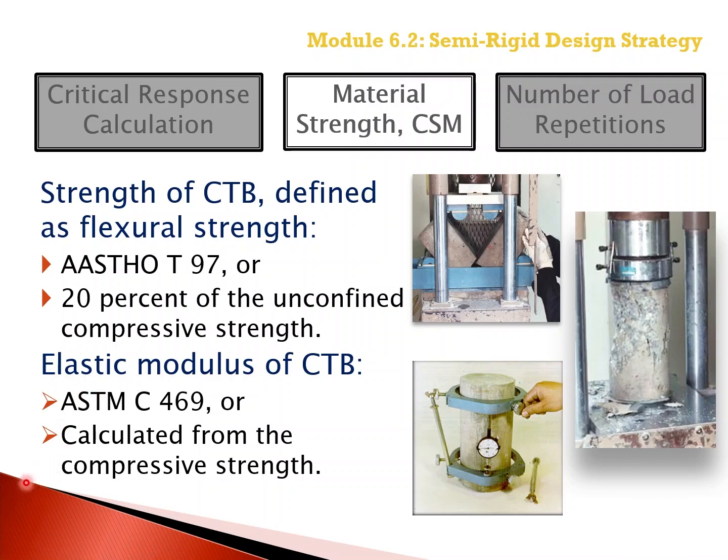So doing a simple compressive strength test is typically used, and then that compressive strength is used to estimate the flexural strength and the elastic modulus of that stabilized layer, which can be used as inputs to the Pavement ME design software.